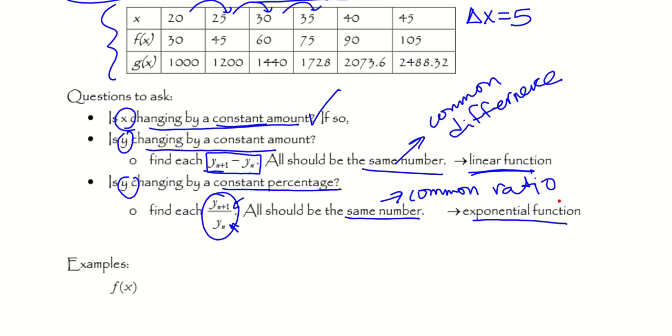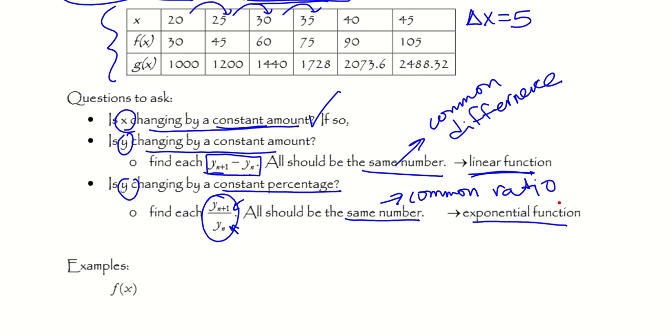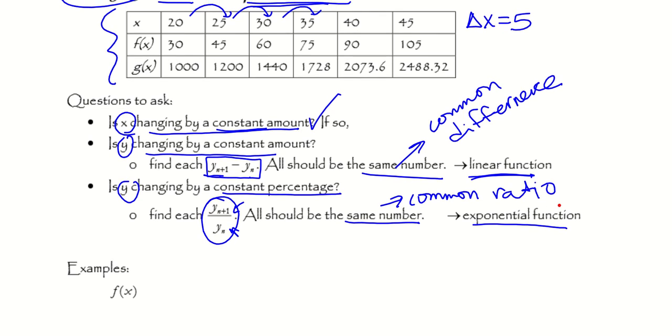Okay, so let's do that here with this example. For f of x, I'm going to take my y's and first subtract them, to determine whether my function is linear. I'm going to take my second y, which is 45, and subtract my first y, which is 30. This is my y sub n plus 1, and this is my y sub n.